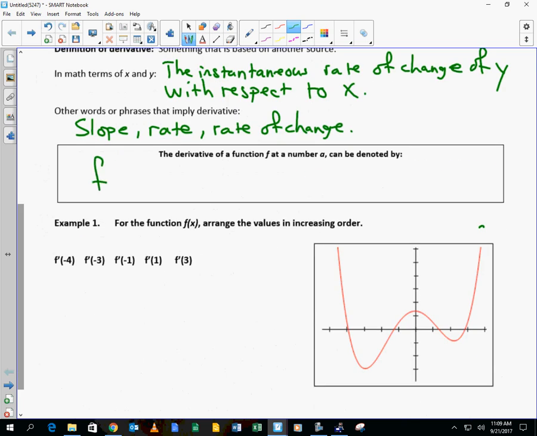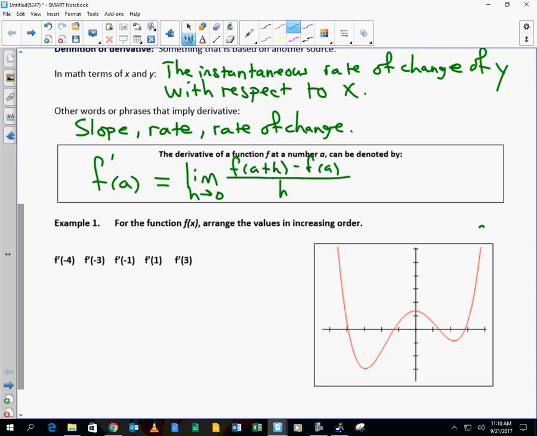The derivative of a function at point a is equal to this. Meaning we get to write f prime as opposed to writing out all of this stuff. So this is shorthand for this: the limit as h goes to 0 of f of a plus h minus f of a all over h.